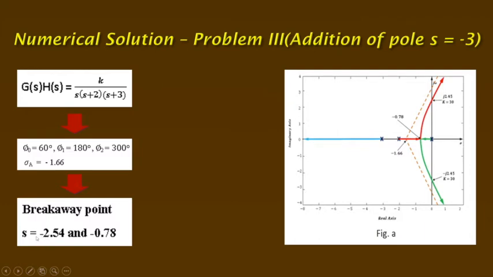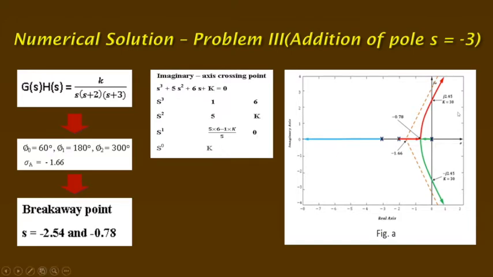So minus 2.54, this point does not lie on the root locus. So this point lies on the root locus. So minus 0.78 point is called the breakaway point. Then these two root locus branches meet at that point and move to infinity along this asymptote.